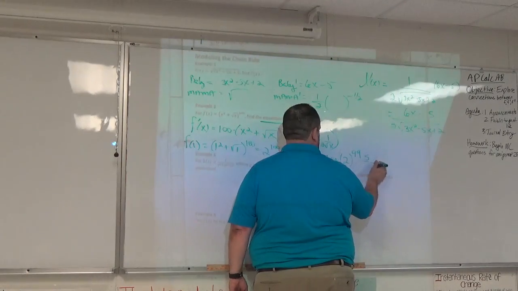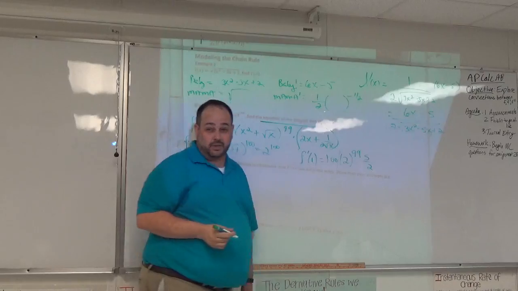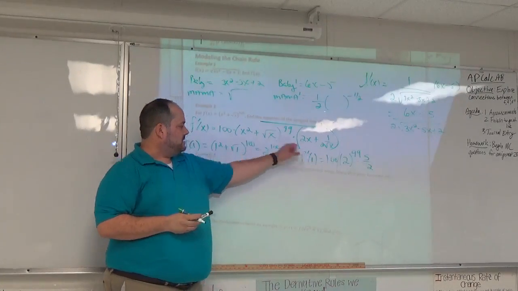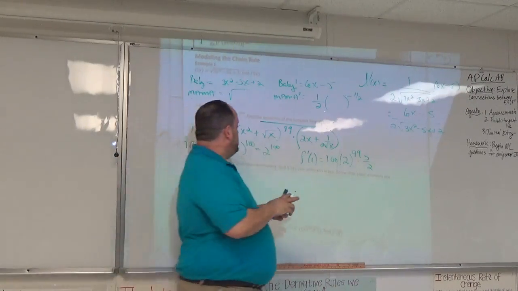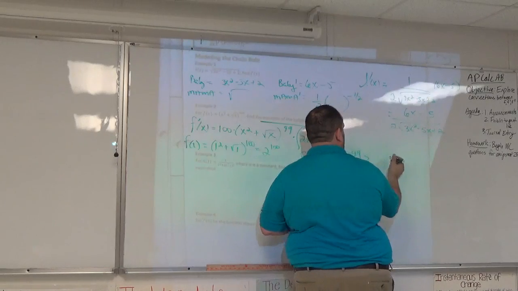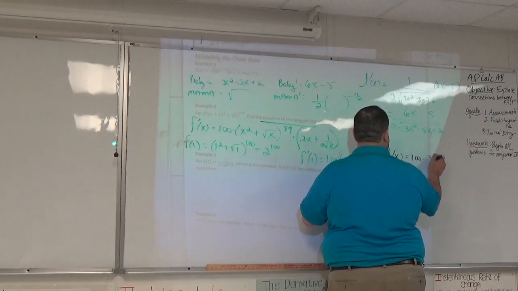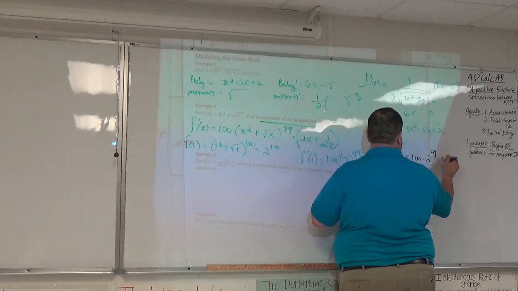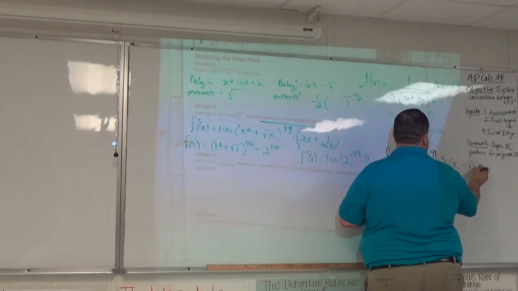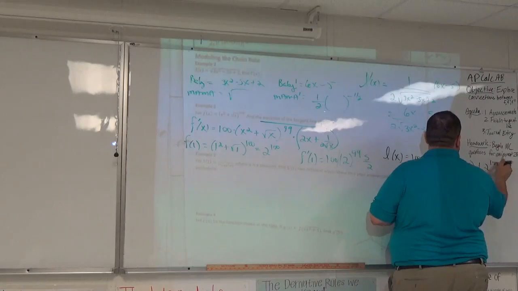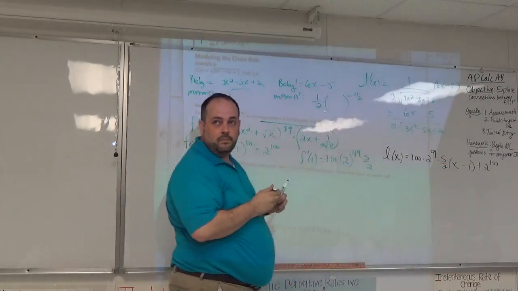I'm just going to write that as 5/2. That's your slope. That's the point. The equation of your tangent line, we're going to say L of x is 100 times 2 to the 99th power times 5/2 times x minus 1 plus 2 to the 100th power.